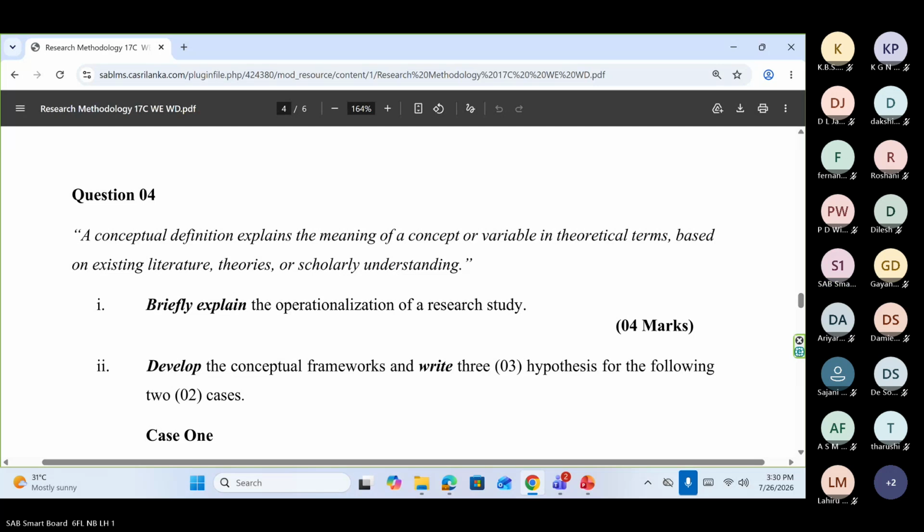Third, develop the hypotheses. Next, operationalization. Write it down.